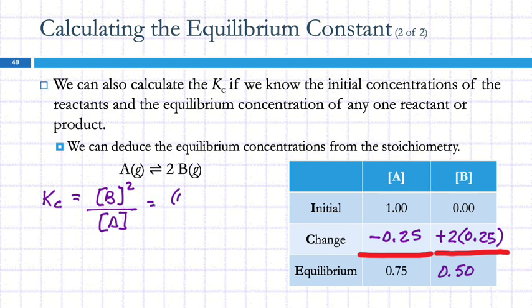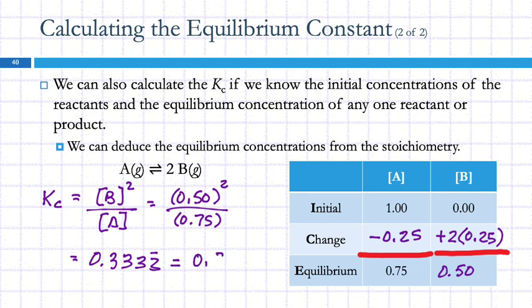B was 0.50, it's going to be squared, divided by 0.75. 0.3333 forever. So let's call that 0.33. Any questions?